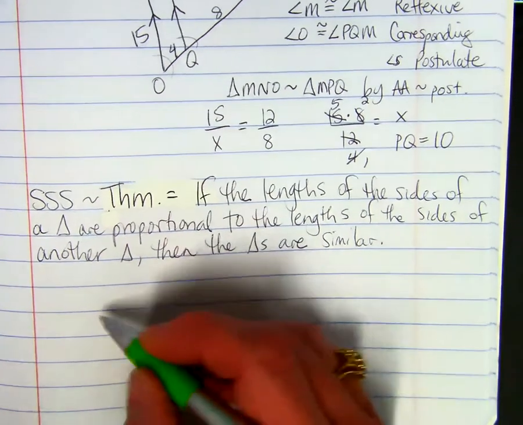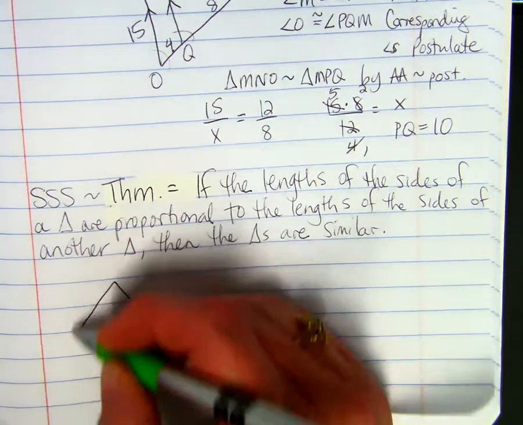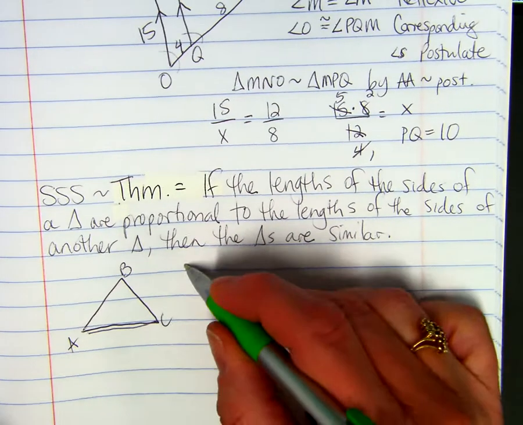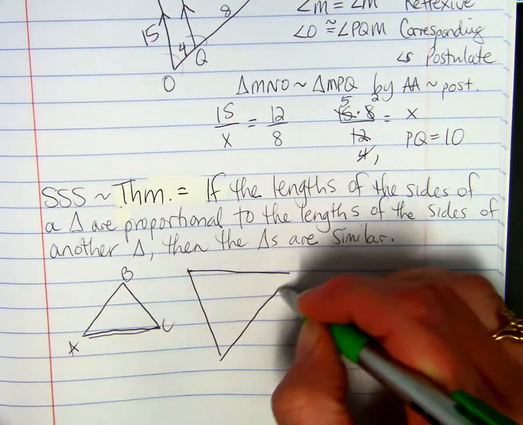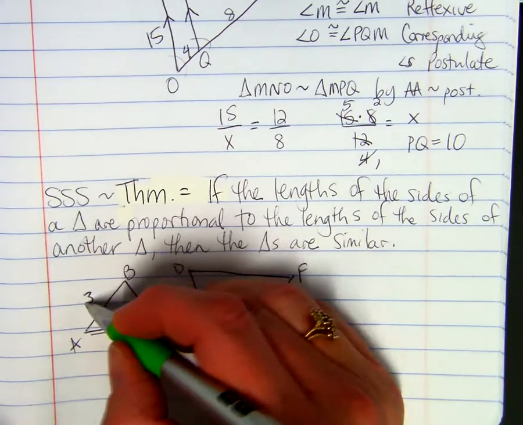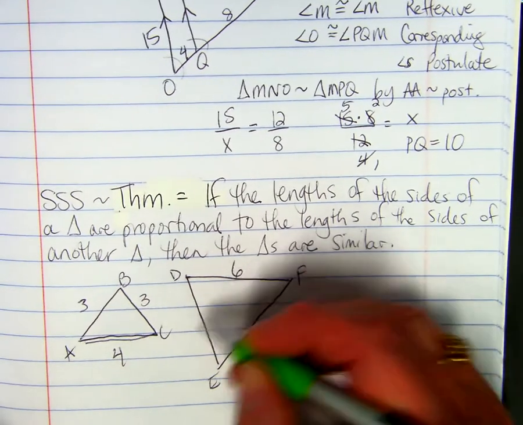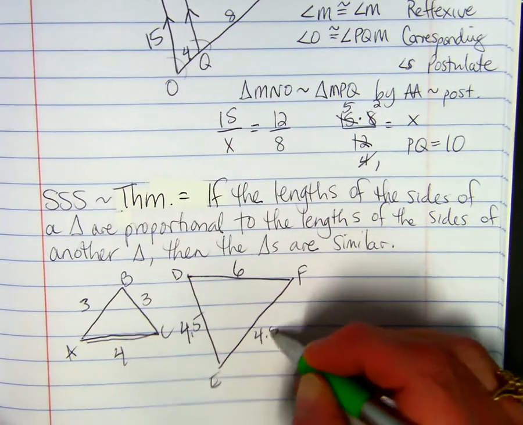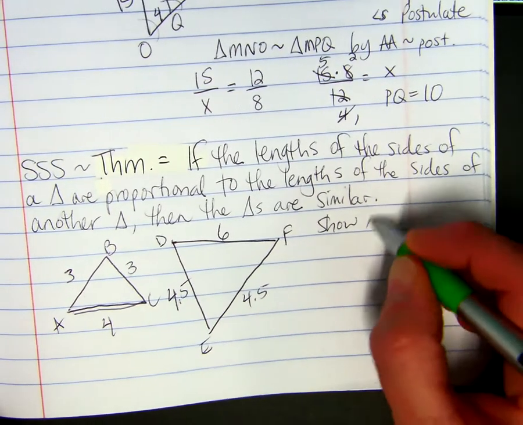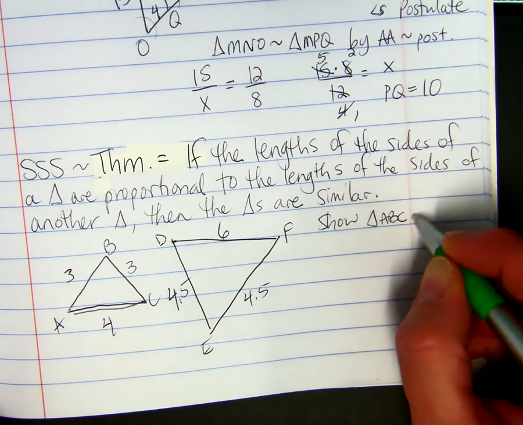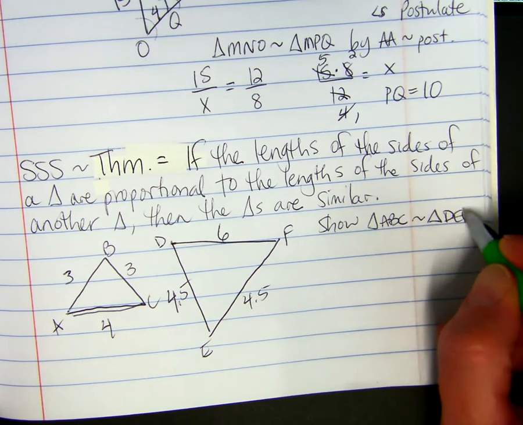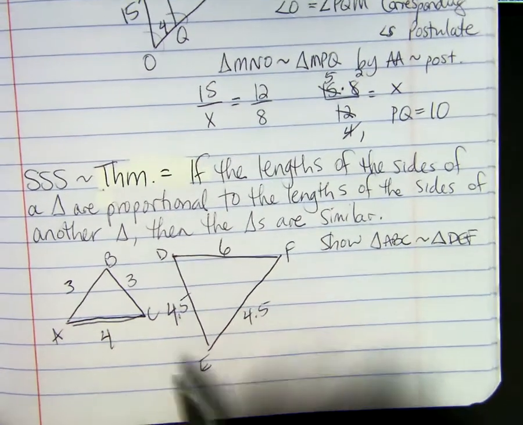Okay, so here's an example. We have triangle ABC, and then triangle DEF. So we can show that triangle ABC is similar to triangle DEF by showing that the sides are proportional.